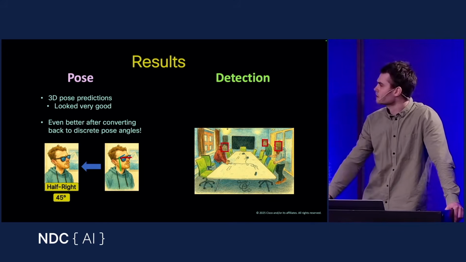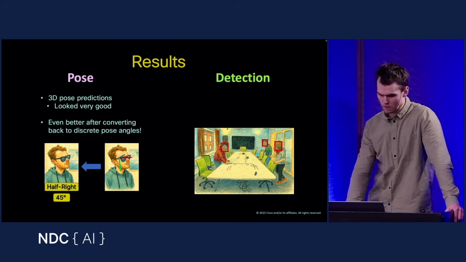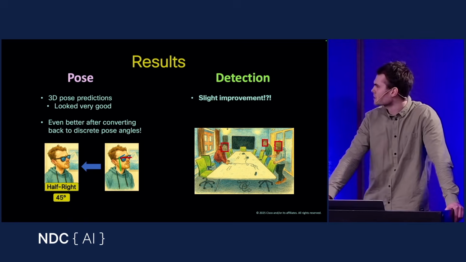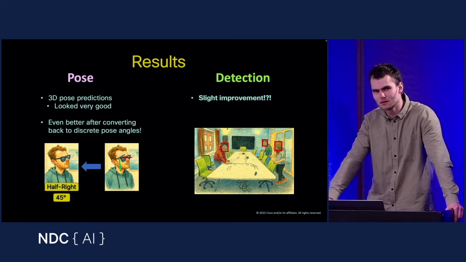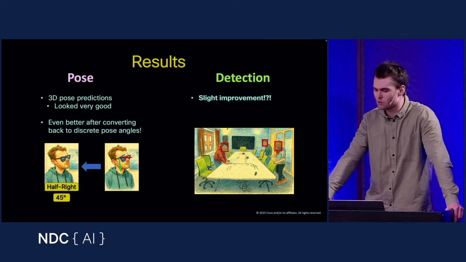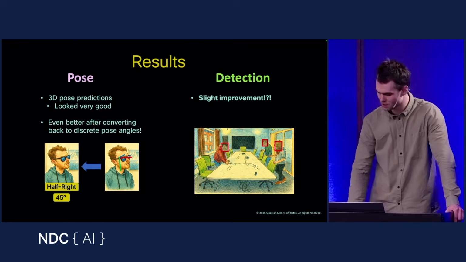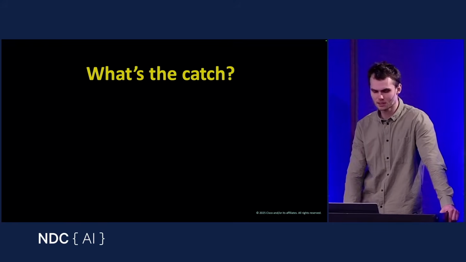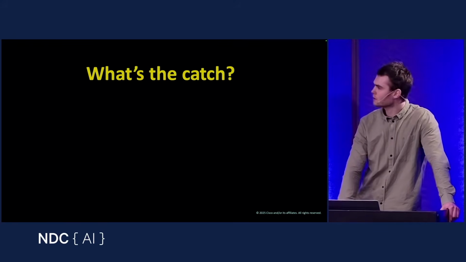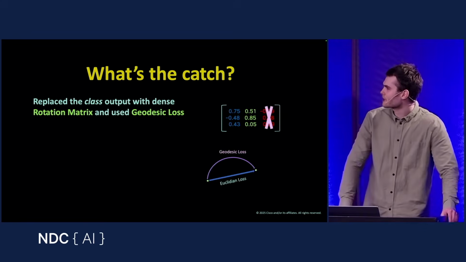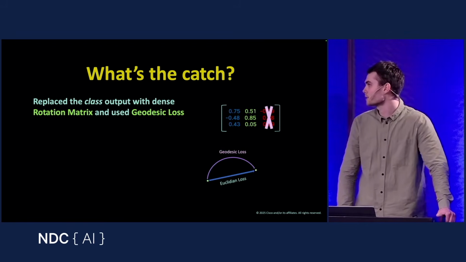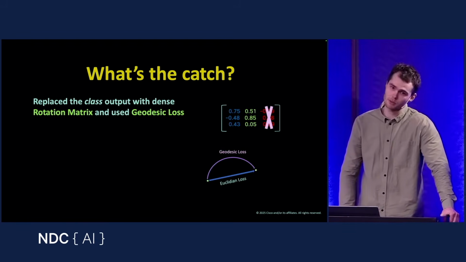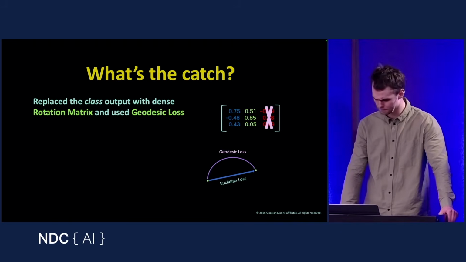What about head detection? Well, we saw slight improvement in performance there. But how? Why? What's the catch? Isn't learning this 3D pose concept more difficult? Well, the only thing we did was replace that class concept with a dense rotation matrix as in the paper and use that geodesic loss.